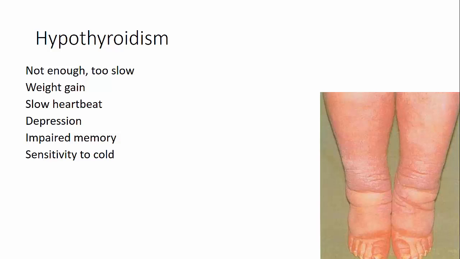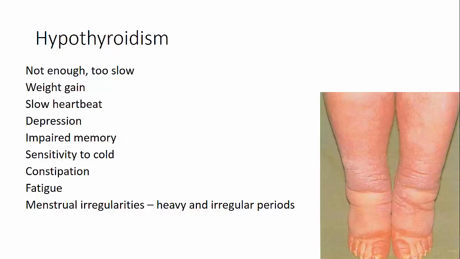The patient feels cold, but everybody else is comfortable. Constipation, fatigue, menstrual irregularities, heavy and irregular periods, and a particular kind of swelling of the skin called myxedema. You see a picture of that here. Compare these symptoms to the symptoms of hyperthyroidism, and you can see what normal thyroid function is all about.